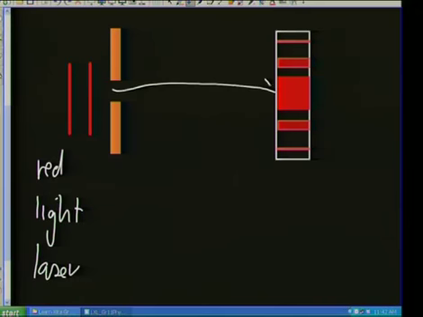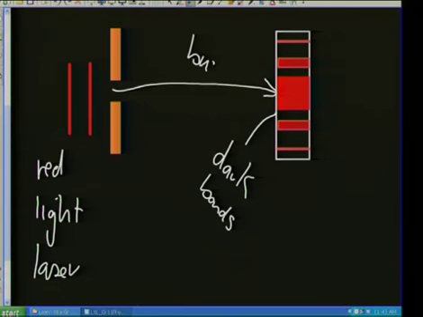We get a very bright central band, and then in between we get some dark bands. Okay, and this is a bright central band, bright red band, bright big band.